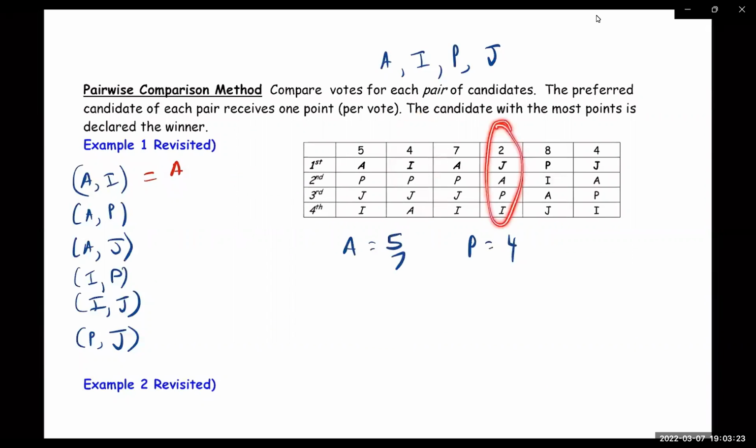The next one, A. A gets 2. That one, P. P gets 8. And the last one, A. A gets 4. Same thing, right? 18 again. Yeah, so A wins again.